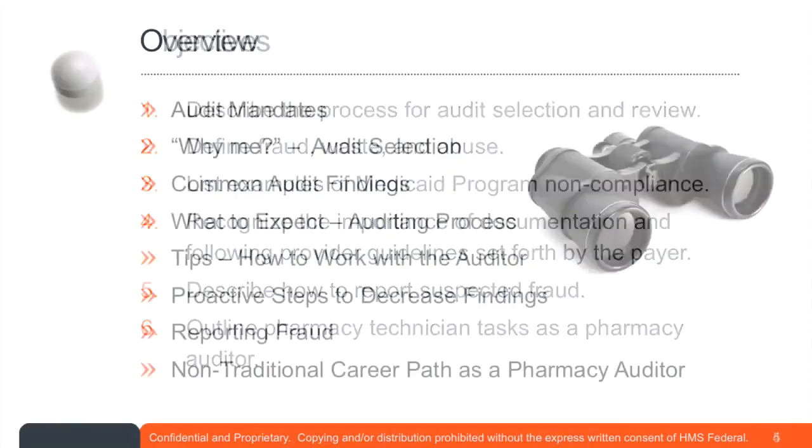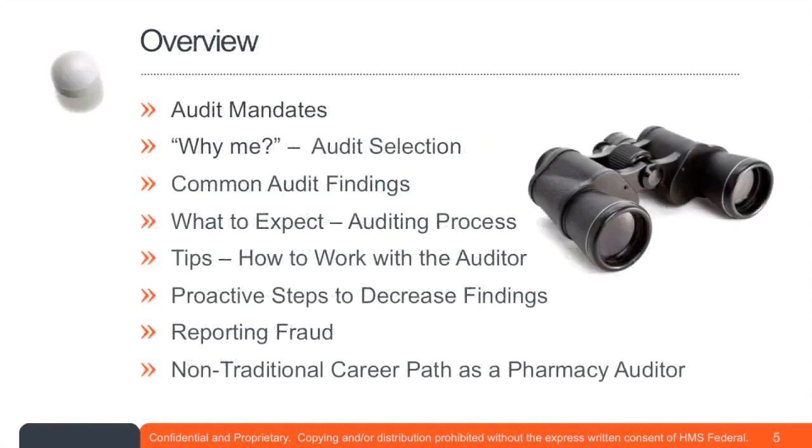The path that we're going to follow with the presentation today is first to take a look at the different mandates or laws that govern auditing within the pharmacy, and then audit selection. Why is your pharmacy selected for audit?